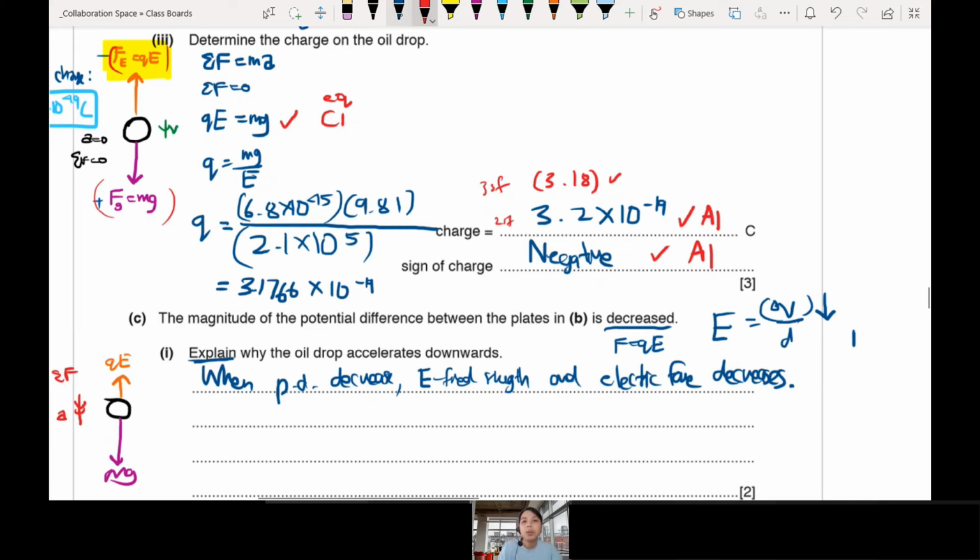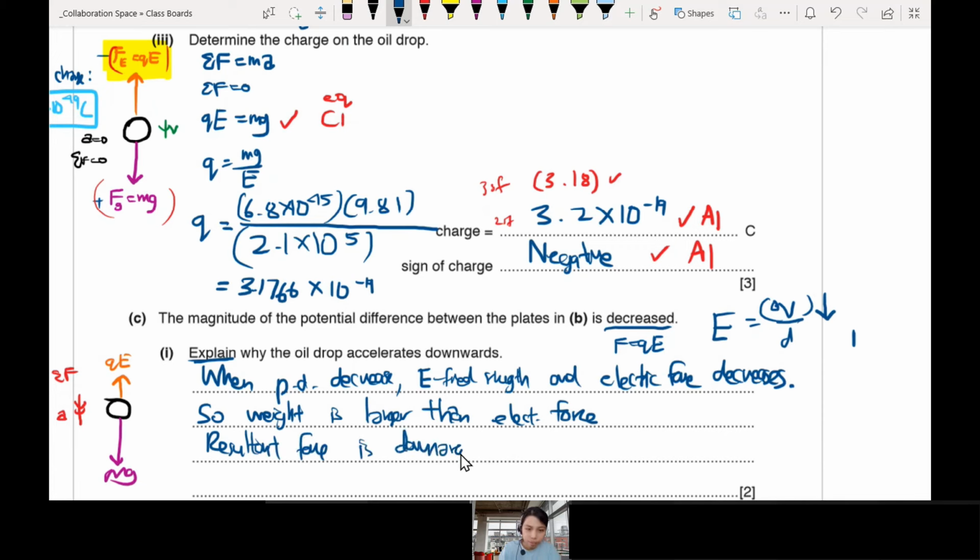So that's our second sentence. So weight is now larger than the electric force. And you can talk about the resultant force that is downwards. Resultant force is downwards, causing acceleration downwards.